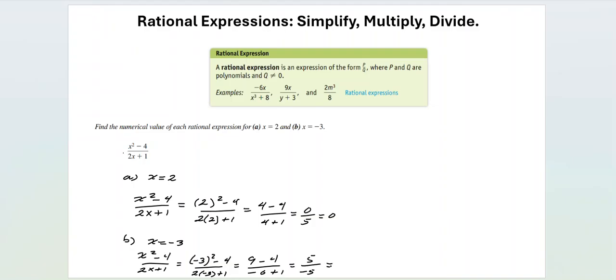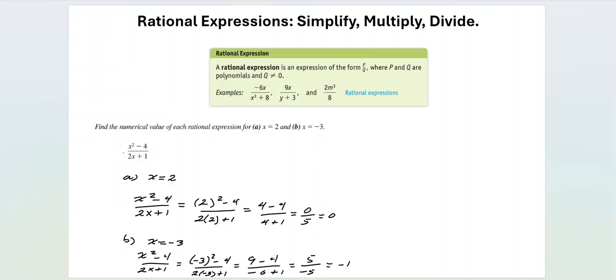And then we have 5 over -5, which is going to be -1. So when x is -3, in this case, my expression will be equal to -1.